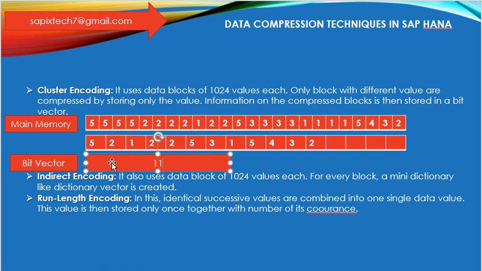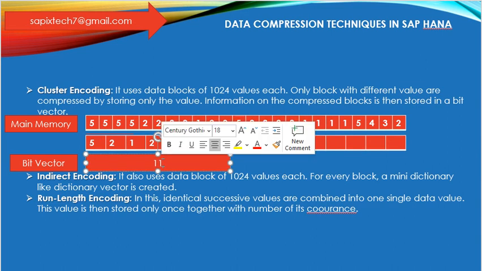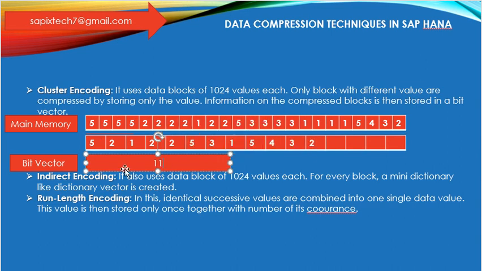Why 1? 1 indicates these values have been replaced with single values. So 5 has been replaced because we had 5 four times, and that has been replaced with 5 one time. So for that, 1. In the same way, 2 was four times, so for 2, the bit vector will store 1. It indicates that 2 has been replaced with a single value.